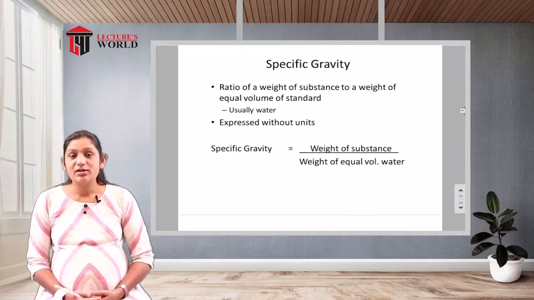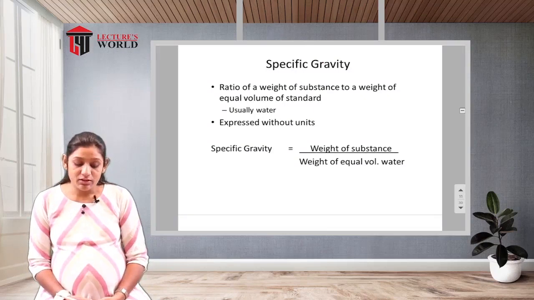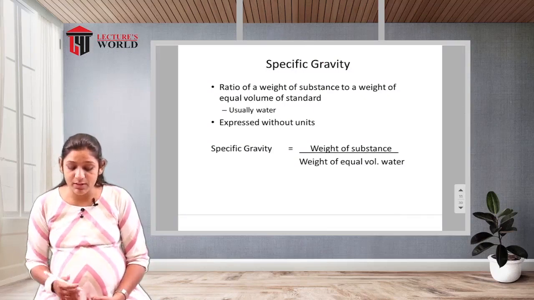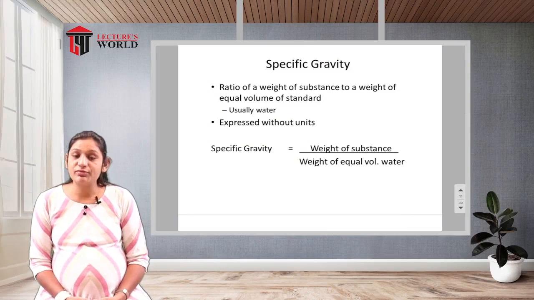Next, specific gravity. It is the ratio of the weight of a substance to the weight of an equal volume of a standard, usually water, expressed without a unit.